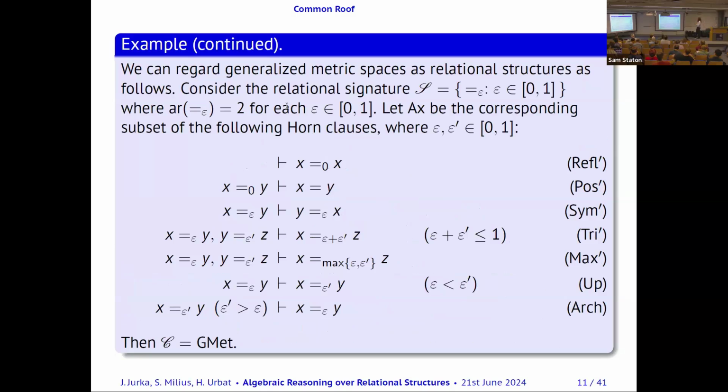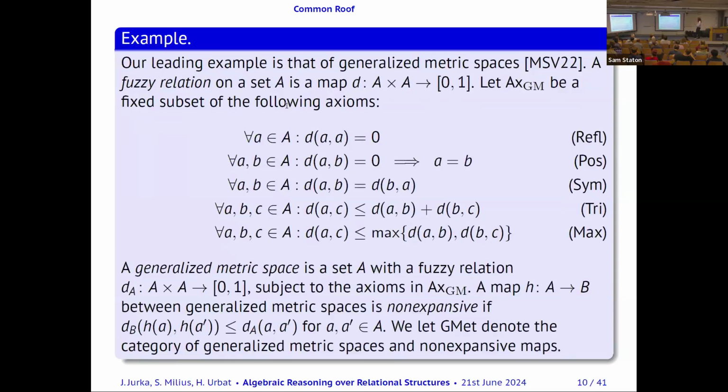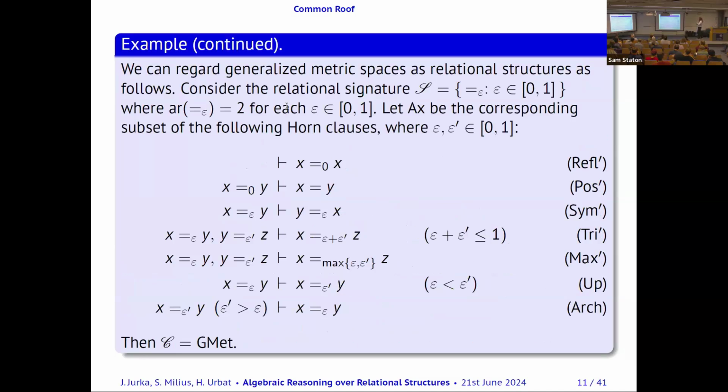So one can regard generalized metric spaces as a relational structure. So these first 5 axioms correspond to the 5 axioms from the previous slide. And then to really get a bijection, one also needs to add this upwards closure property and Archimedean property.